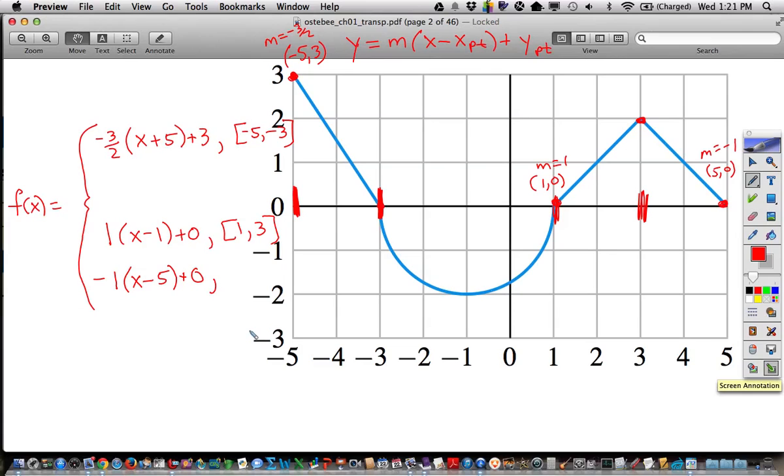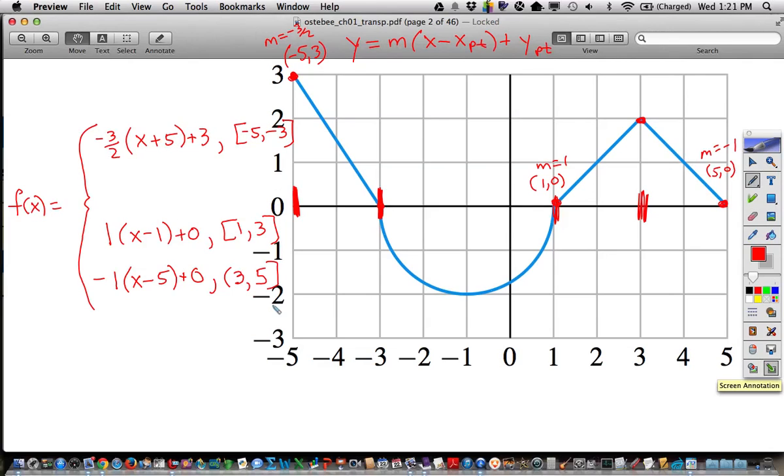Now, we can't include the 3 in both of those. It's kind of a technicality. So since I included the 3 here, I'm going to do an open parenthesis on the 3 on this one. But then the 5 I am going to include. Now, it really doesn't matter which one of those 3's I included with a square bracket and didn't include with the open.